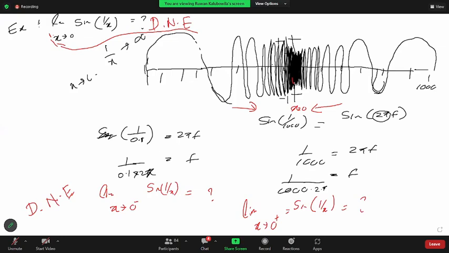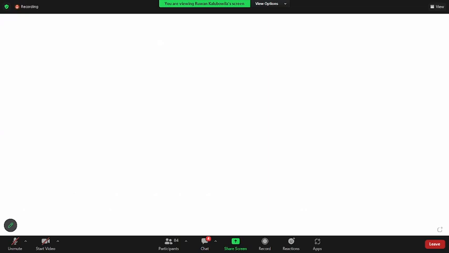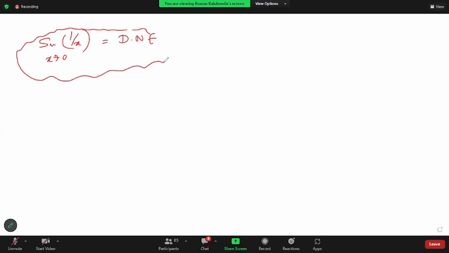Okay, so anyway, you need to keep this in mind: sine 1 over x when x approaches 0 does not exist. This one is also a highlighted point.